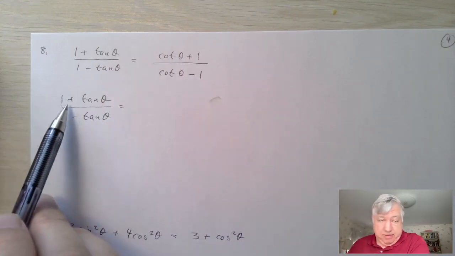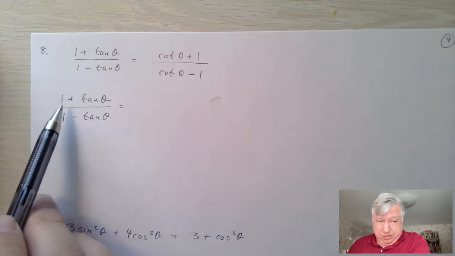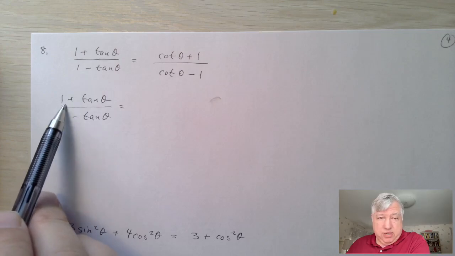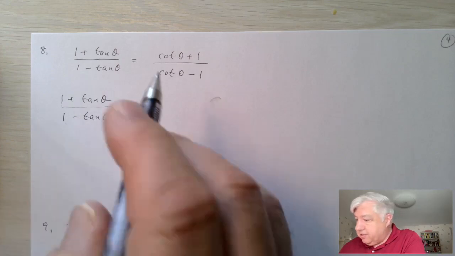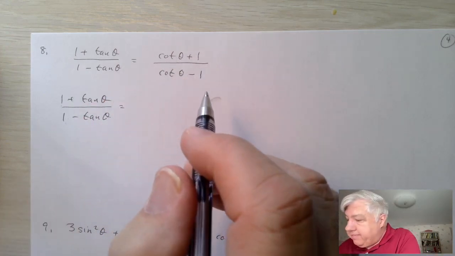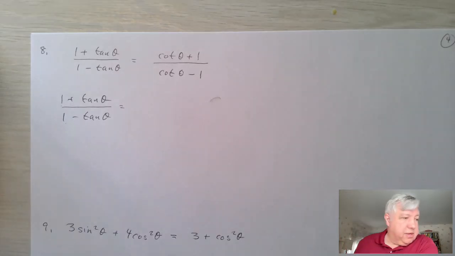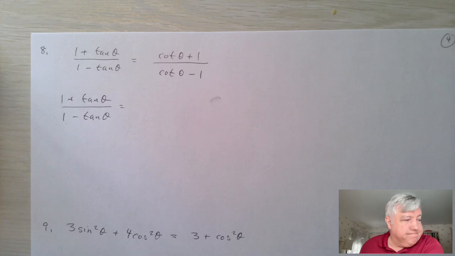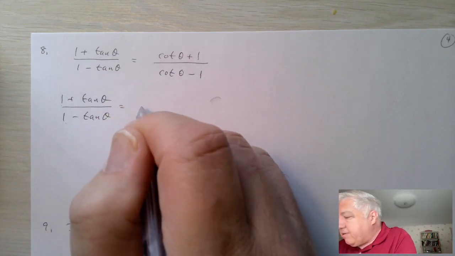Now, how can we do that if there's no tangent here? Well, we can write this 1 as tangent times cotangent. I'm just trying to think what's the best way to do this here. Okay, we'll do it maybe 2 ways.